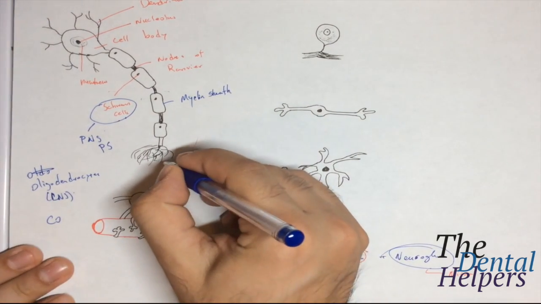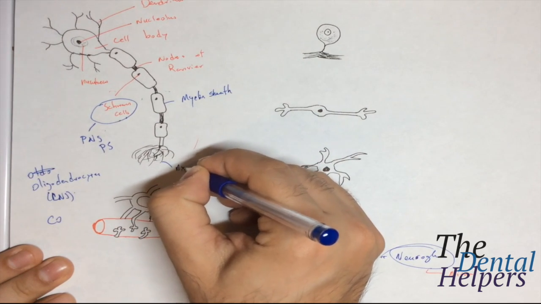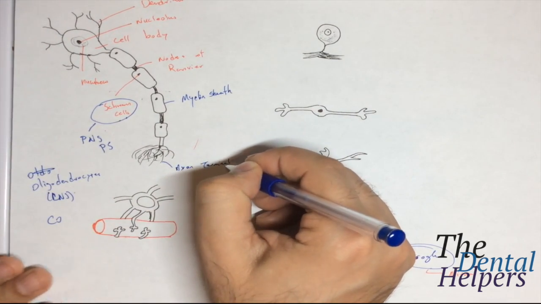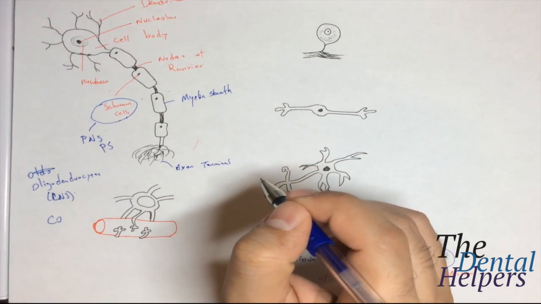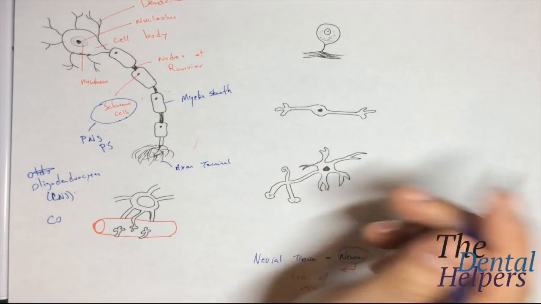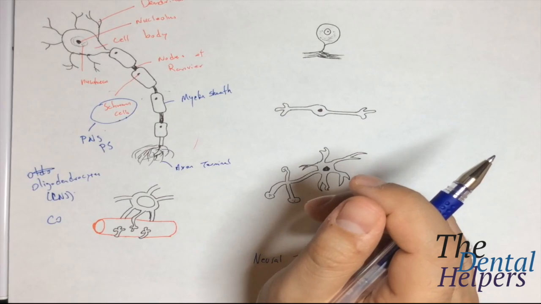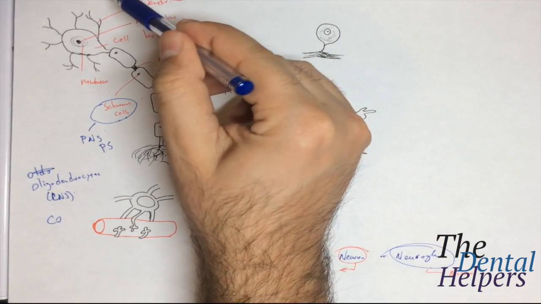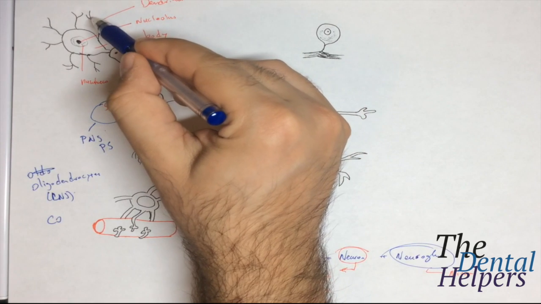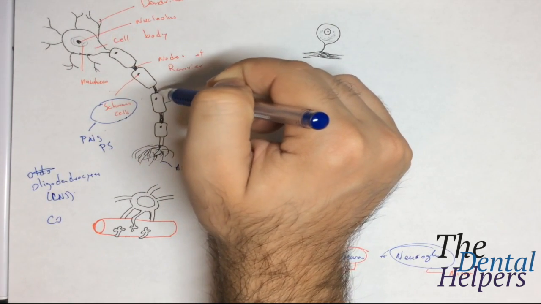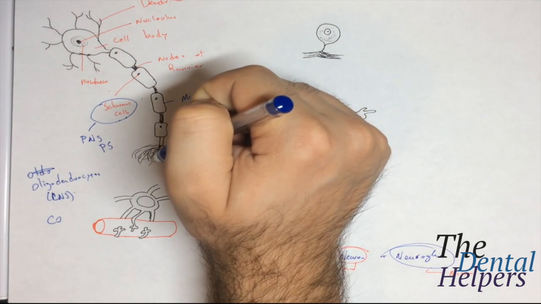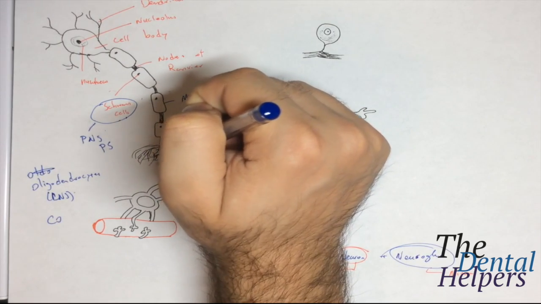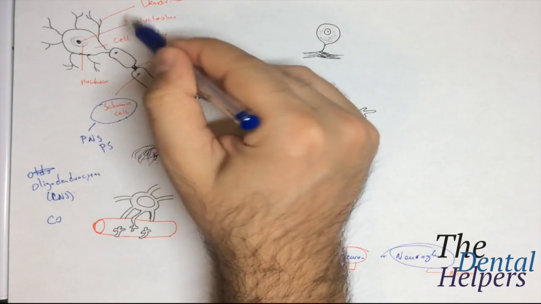Then we have the axon terminal, which are these things at the end right here. And so another thing you need to know is basically the dendrites are the site of receiving information, and as it goes down, it's going to be these axon terminals that are going to send it to the next dendrite. So this is the transmitting end, this is the receiving end.